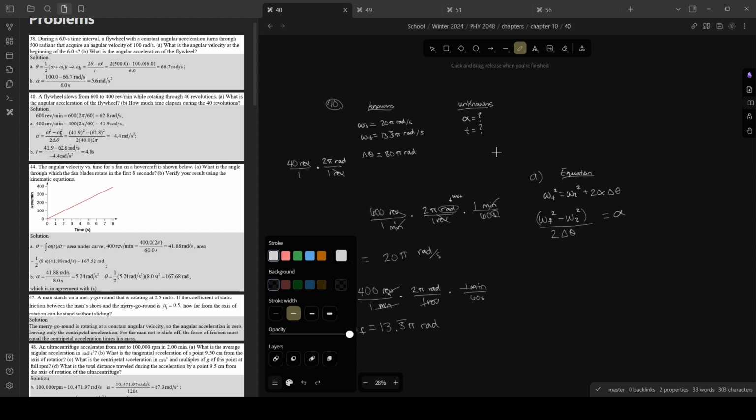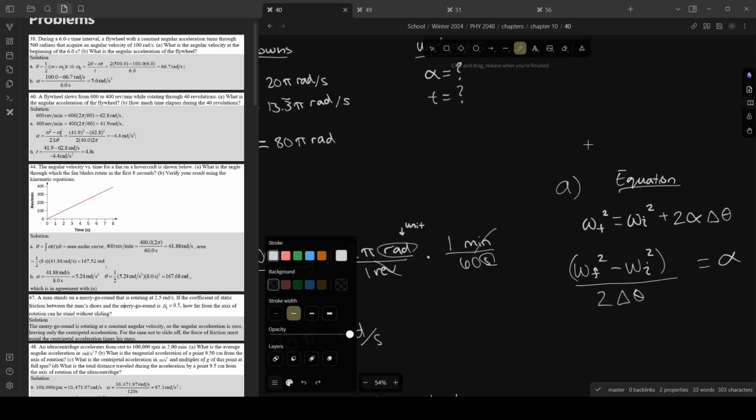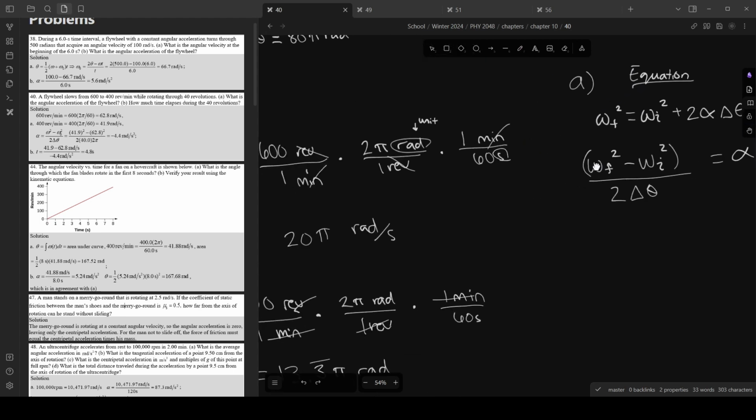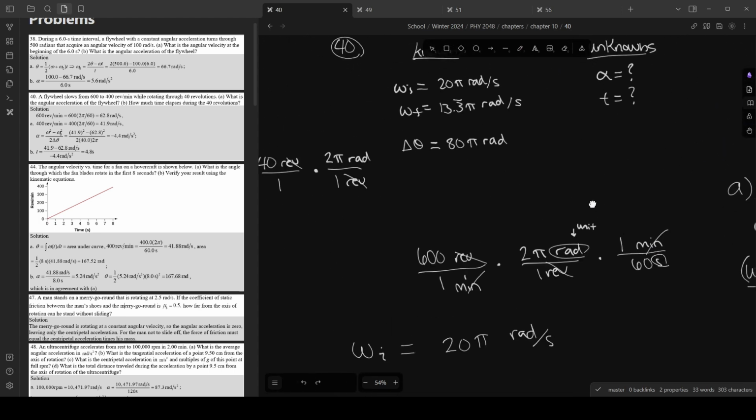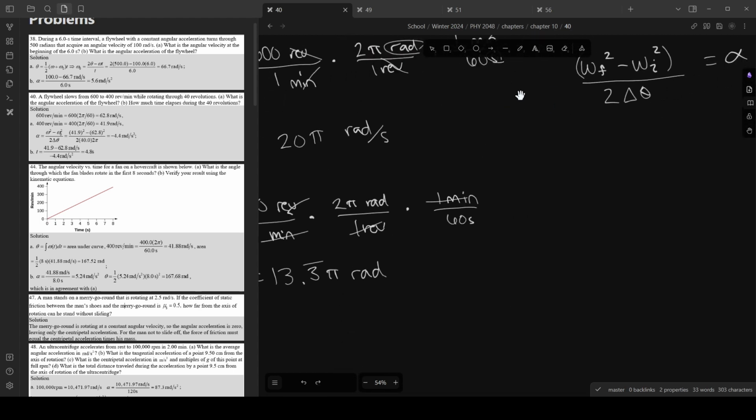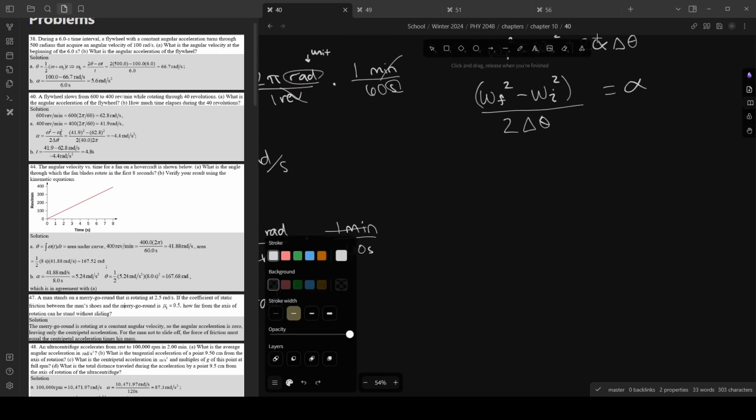So we get a negative acceleration. That's good because it says it's slowing down. It's always going to be the case when the final is less than the initial, and we do see that. So I get an answer of negative 4.36. Looking at the solution here, they have negative 4.4, which is just rounding to sig figs.